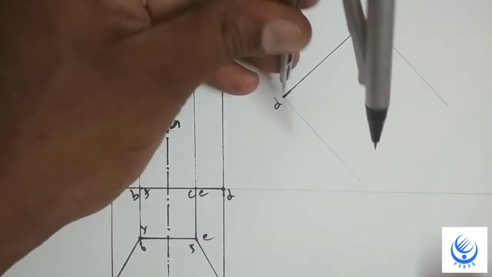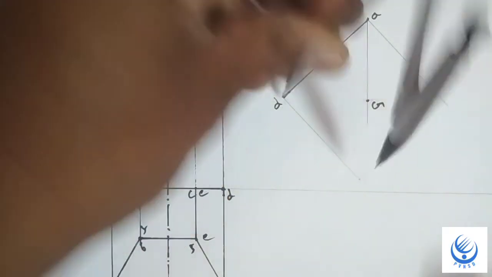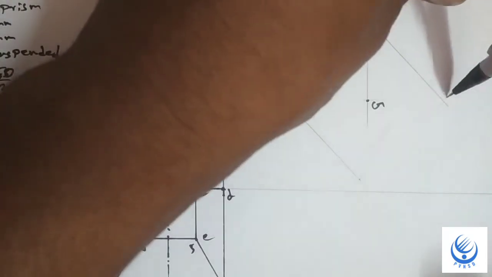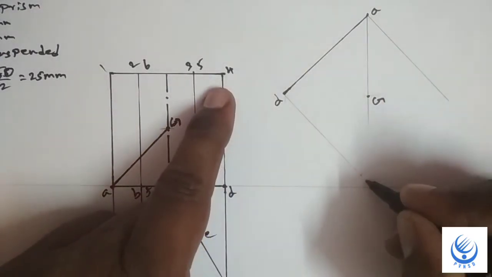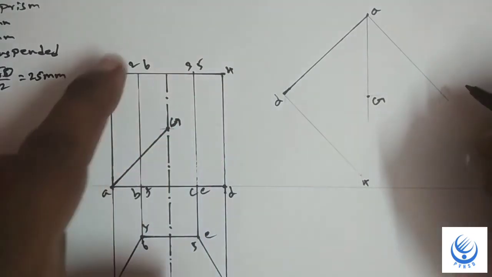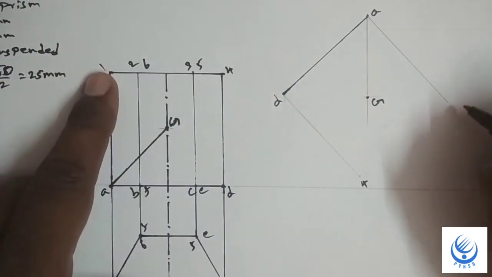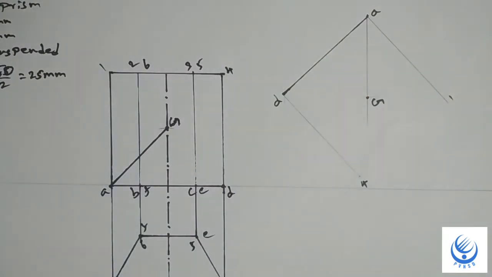Measure this height of 50 mm. So D's opposite point is 4, and A's opposite point is 1. Join these lines.